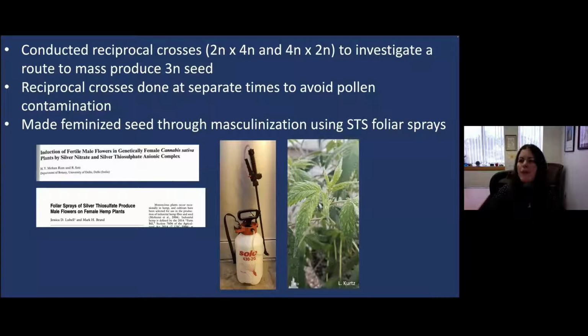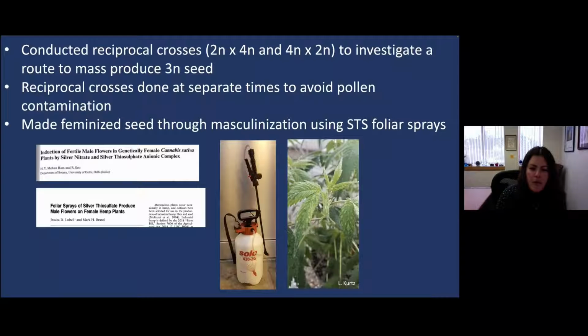Not for us to sell, but for a grower who might be interested in doing this. The reciprocal crosses had to be done at separate times to avoid pollen contamination. And we used only feminized pollen in our crosses through masculinization using silver thiosulfate as a foliar spray.